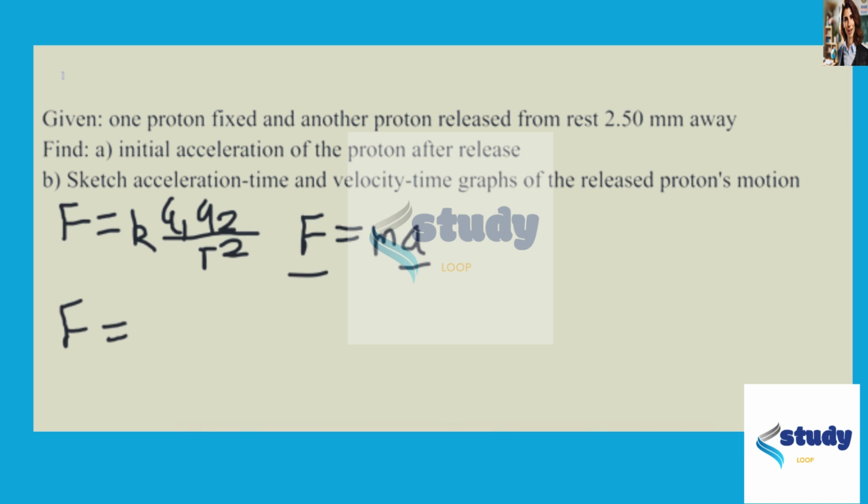F equals K, Coulomb's constant, 9 times 10 to the 9th newton meters squared per coulomb squared. And then we have Q1 and Q2. The charges on two protons are obviously going to be the same. So that is 1.6 times 10 to the minus 19th coulombs.